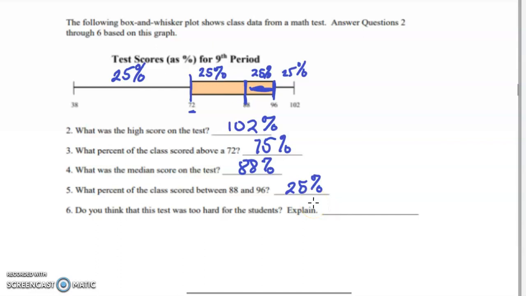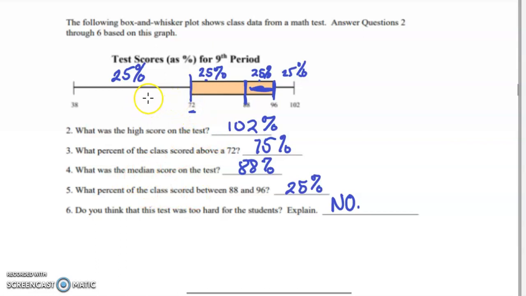This is asking us to make a judgment. Do you think this test was too hard for the students? Explain. Okay. I'm going to say, no, it's not too hard. Because 75% of the class here, right, 25%, 25%, 25%, passed this test with a C or better.